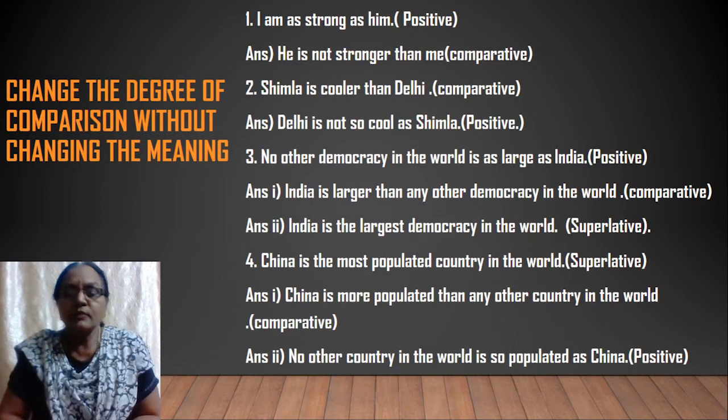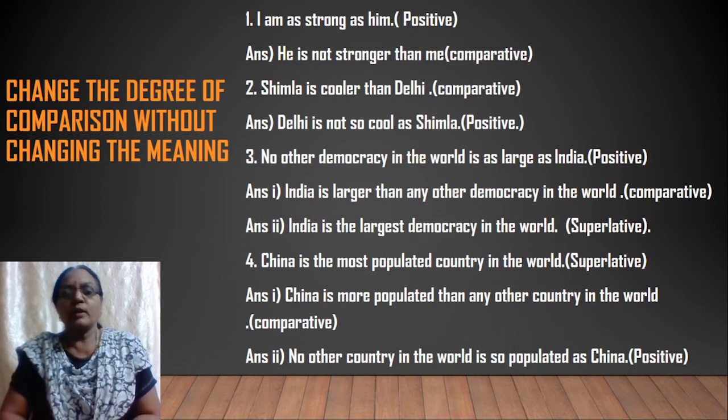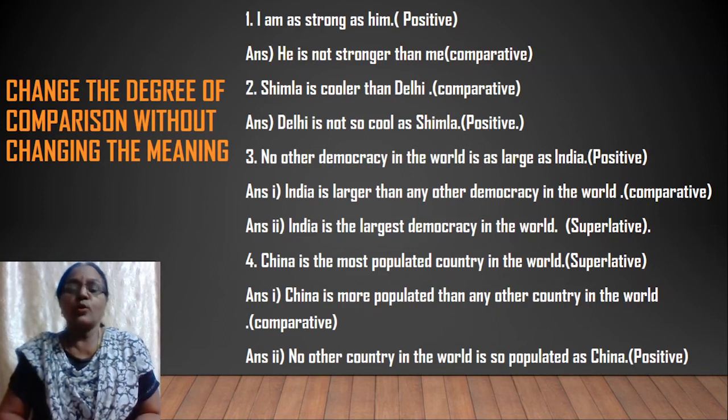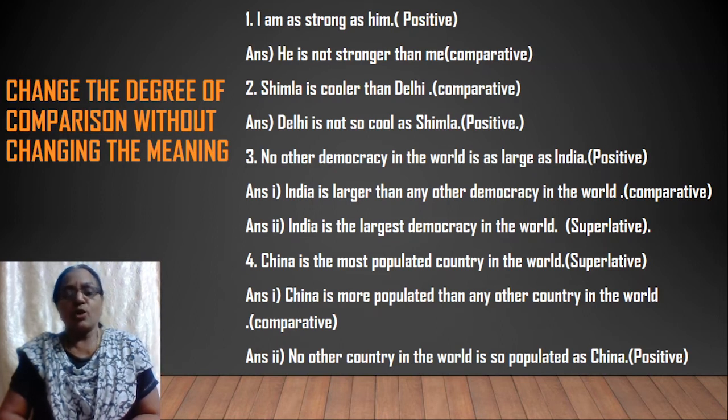So positive. So here we can have only comparative degree. So without change in meaning, I'm as strong as him. So both are equally strong. So the comparative degree is he is not stronger than me.